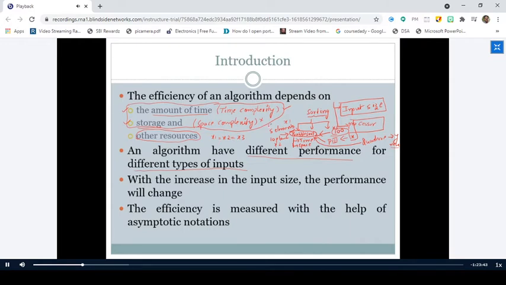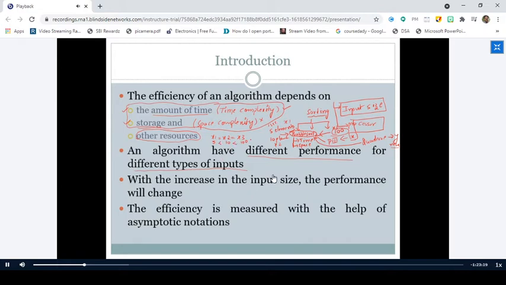This is just an estimation, don't take it as a correct measure. So to sort one element, it takes 1 second. To sort 5 elements, how much time does it take? 5 seconds. If you take 10 elements, it will take 10 seconds. If you take 100 elements, it will take 100 seconds. So x1 is less than x2, which is less than x3.